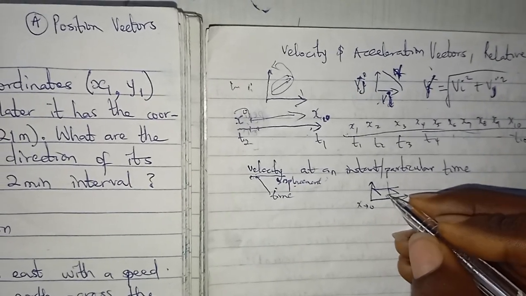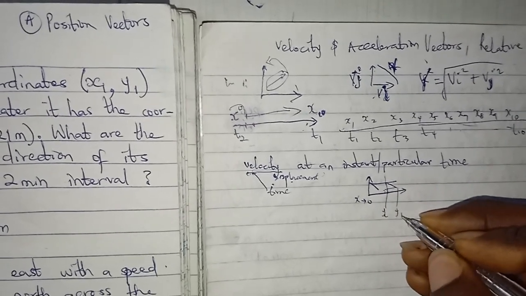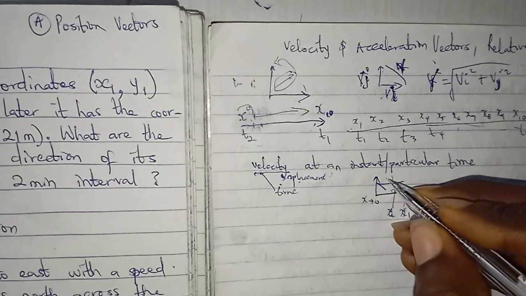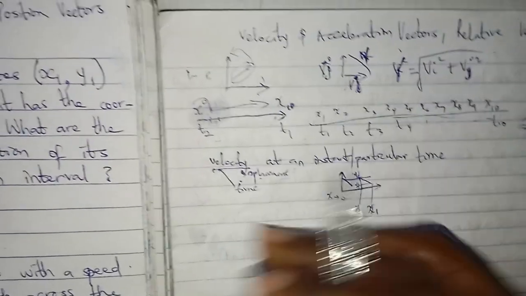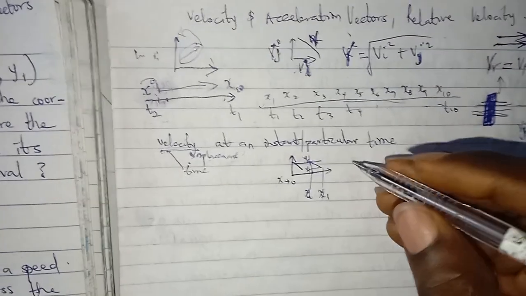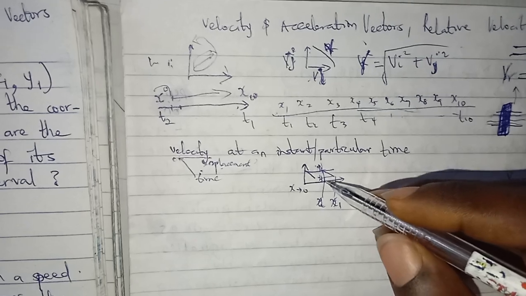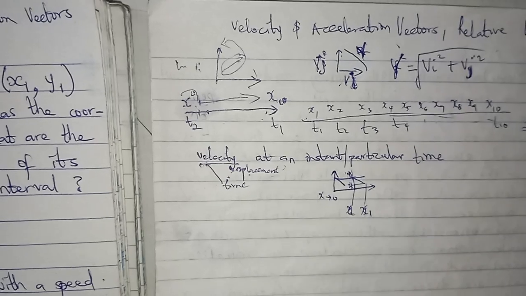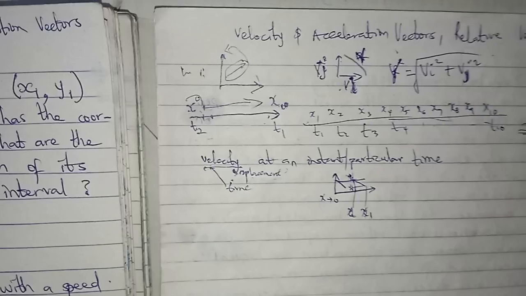By the time I get the slope, I get what happened at each instant. Using our principle for slope, I do y2 minus y1 all over x2 minus x1. Whatever I get becomes my instantaneous velocity.